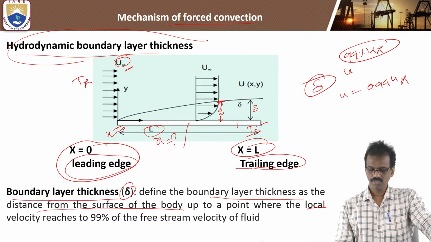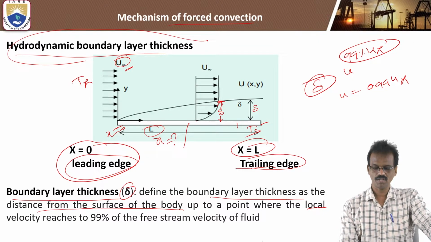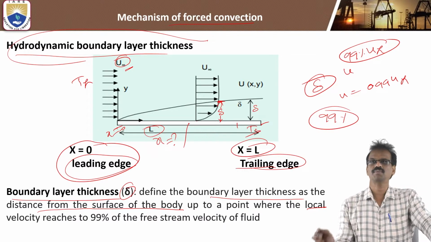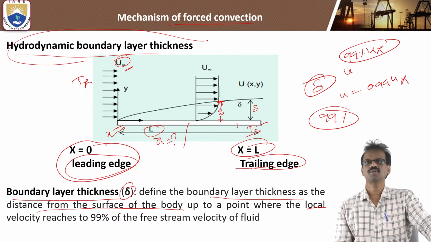This is the point where the local velocity reaches 99% of the stream velocity u alpha. It means the local velocity is very near to the stream velocity, but not equal, but very near.